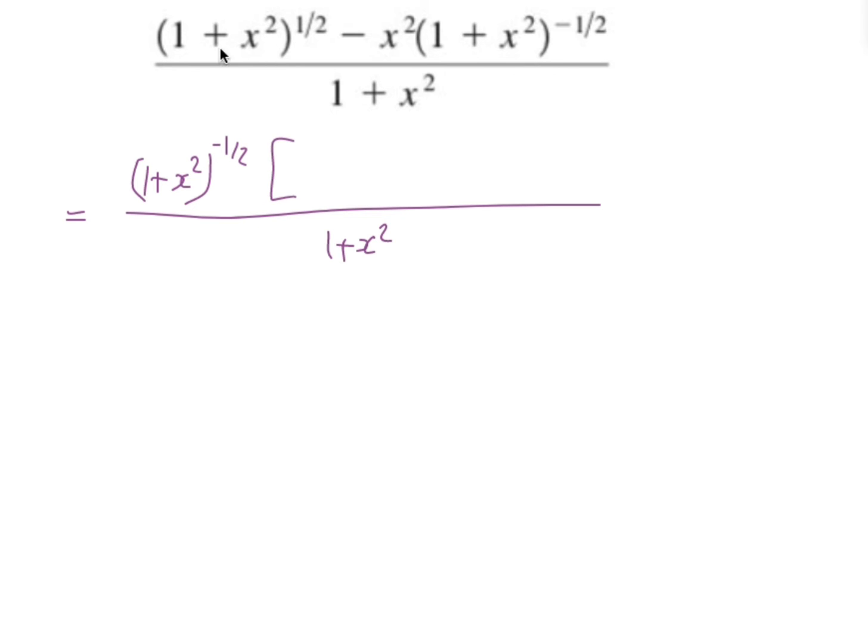Now when we take out negative 1 upon 2, from here we took minus 1 upon 2, so 1 is left. So 1 plus x square to the power 1, minus, here we already took out this one, so just x square is left.